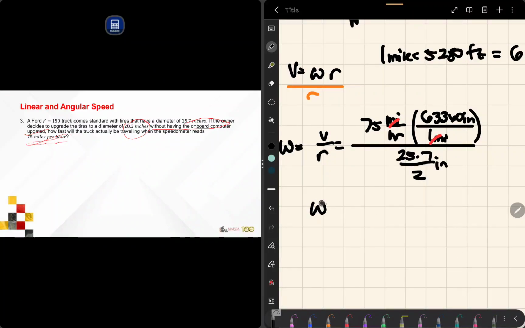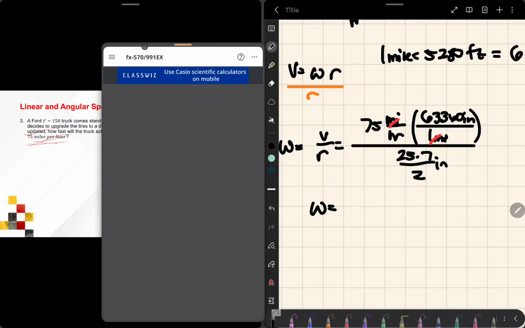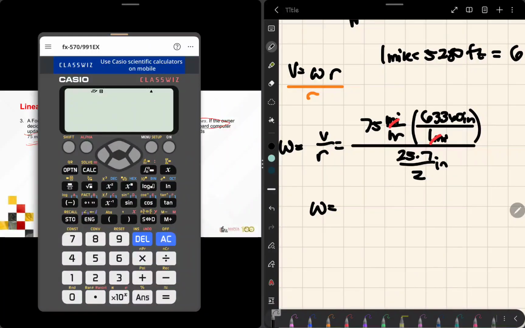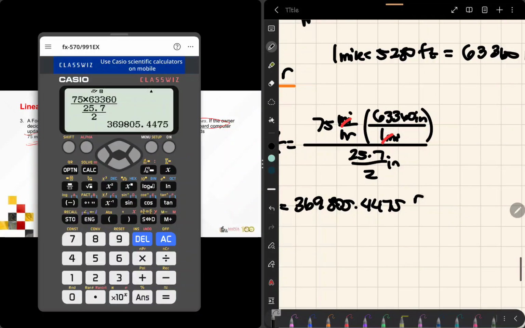Dividing this, we get 75 times 63,360 all over 25.7 over 2, which gives us 369,805.4475 radians per hour.